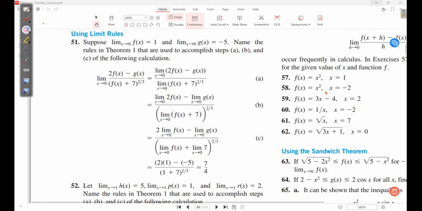Name the rules in theorem 1 that are used to accomplish steps A, B, and C. Let's try to name them. So if you check what's on the left there, what have we done for us to get to this? So you've seen that we've distributed the limit.